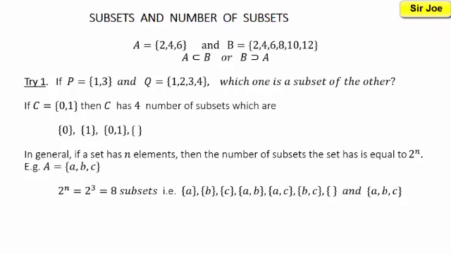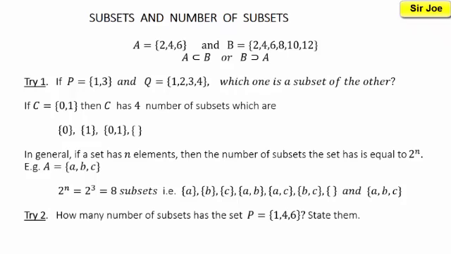Then a set of 2s, that will be {A, B}, {A, C}, {B, C}. Then you go to a set of 3s, that will be {A, B, C}. And always we must know that an empty set is part of the subsets of every set.